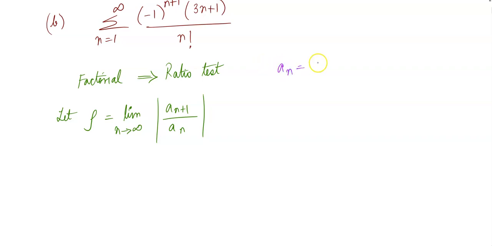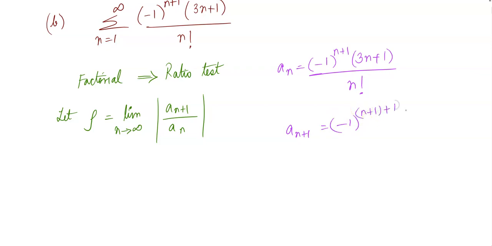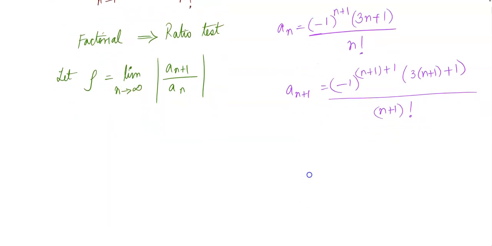Okay, a_n is (-1)^(n+1) times (3n+1) over n factorial. That's given in the problem. For a_(n+1), again, tread carefully. Wherever you have n, you have to do n+1. All it takes is for us to put the wrong parentheses or fail to put the parentheses, and then we've lost it.